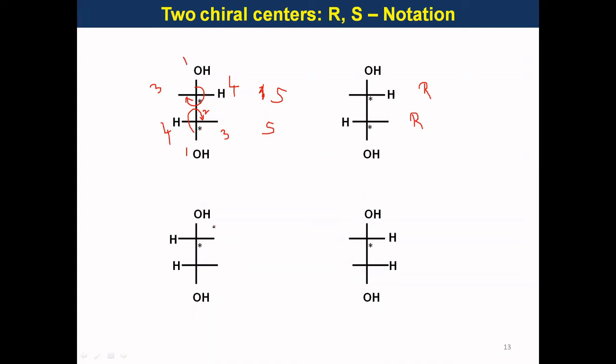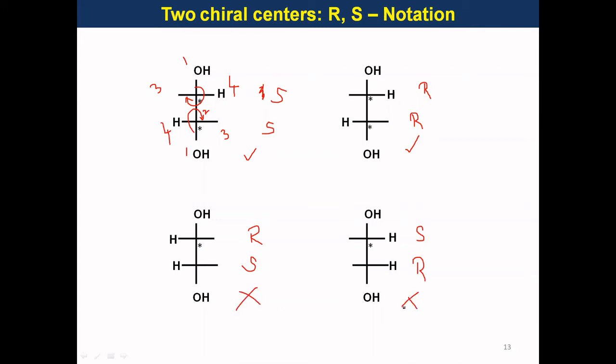So here it is going to be S and this is R. Similarly this is S, this is R. If you calculate the optical activity, this is optically active and this is optically active, and these two isomers are optically inactive. That's what is observed experimentally.